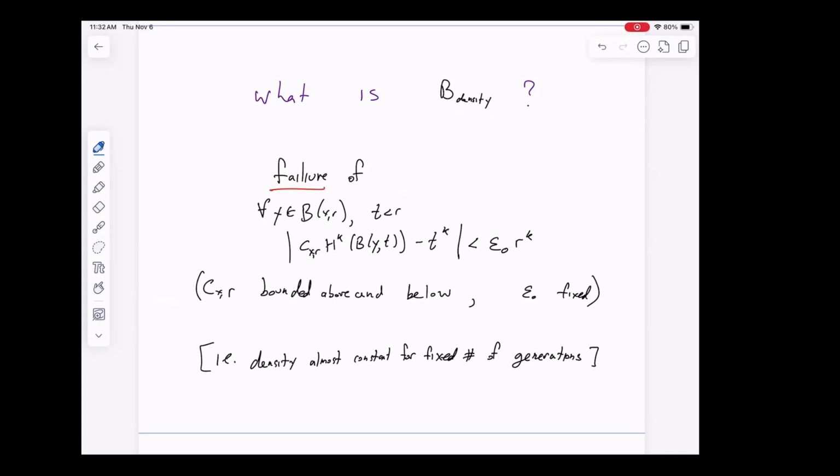So maybe I'll write you're bad with epsilon naught and a bound on C, so C is not allowed to vary too much above and below.